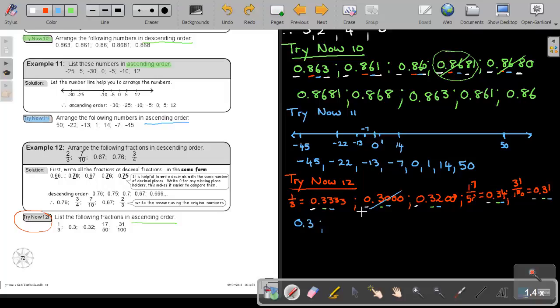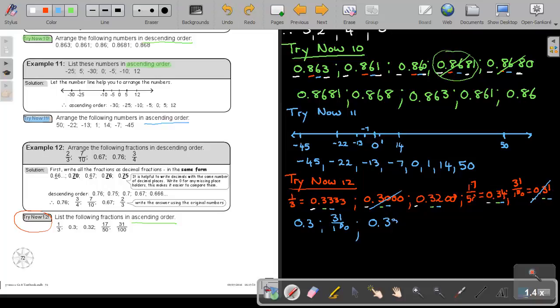As soon as you write it down, I prefer to scratch it. Then will be this one. We can already write the original form. It's standing there. So it will be 31 over 100. Scratch it. Okay. Let's look. There's a 4. There is a 2. We're first going to write the 2. So it's 0.32. Scratch it.